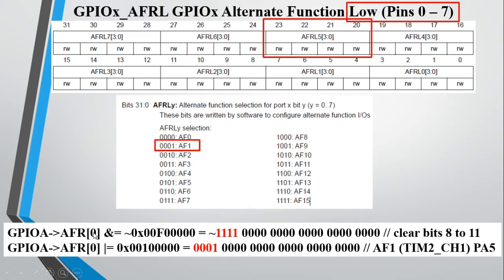And why is the 0 given? The 0 shows that you are configuring AFRL. When you are configuring AFRH, for pin numbers 8 to 15, then AFR[1] will be used.